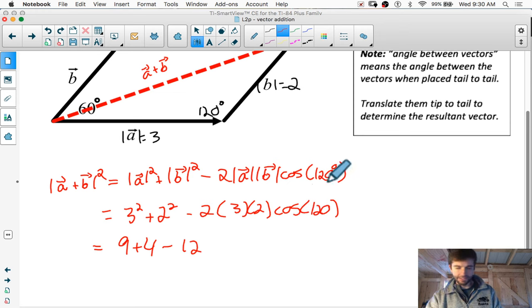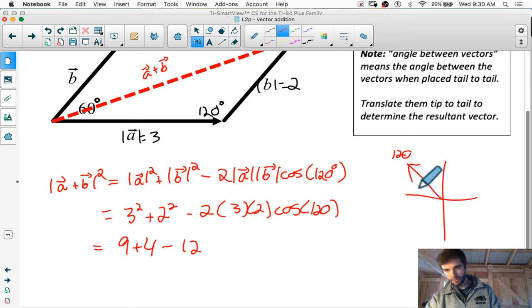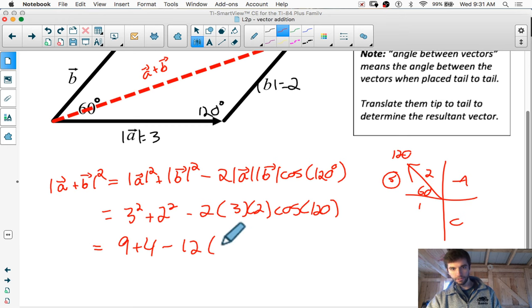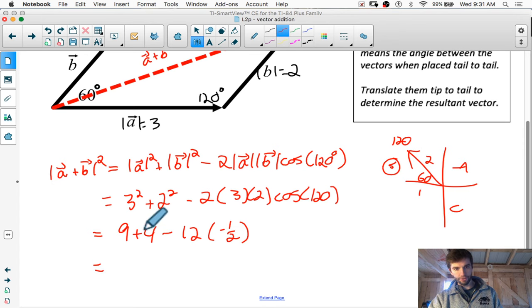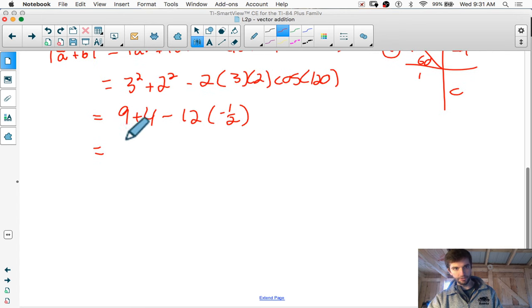It has a reference angle of 60, but it's in the sine quadrant, right? 120 is here, reference angle of 60. It's in the sine quadrant, so I could do cos of 60, which is a half, but I have to make it negative. So it'd be negative a half. And what I have here is 13 plus 6, that's 19.